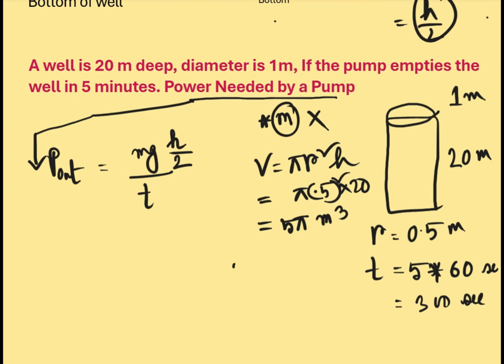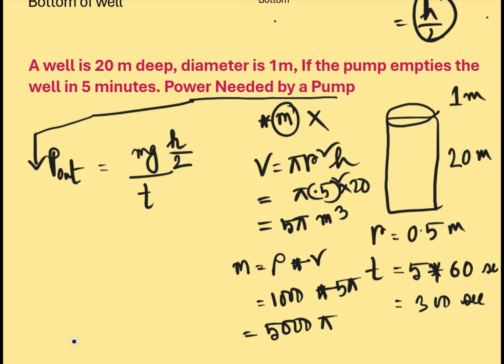So m will be rho times v. So the value of rho is 1000 and the value of v is 5 pi, so we'll get 5000 pi kgs.